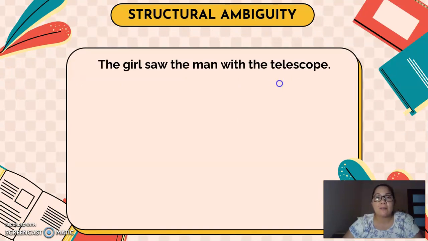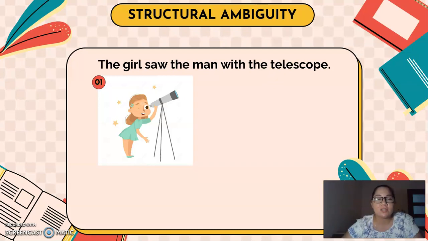Now let's talk about structural ambiguity. When we read the sentence, the girl saw the man with the telescope, it's confusing, we might say, because this sentence might have two different meanings due to its structural or syntactic ambiguity.